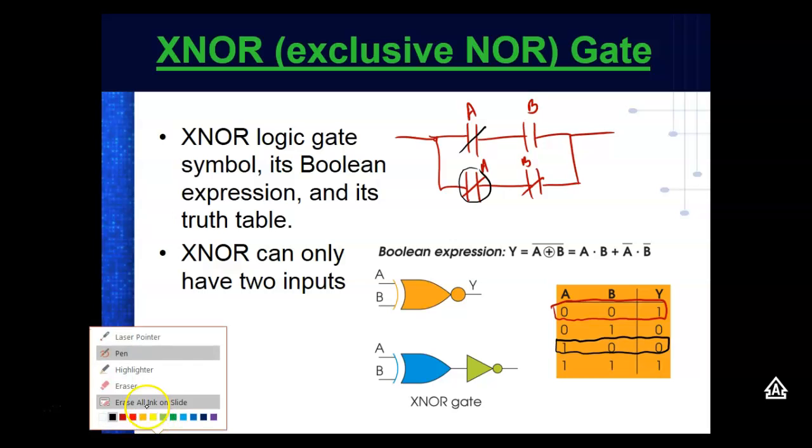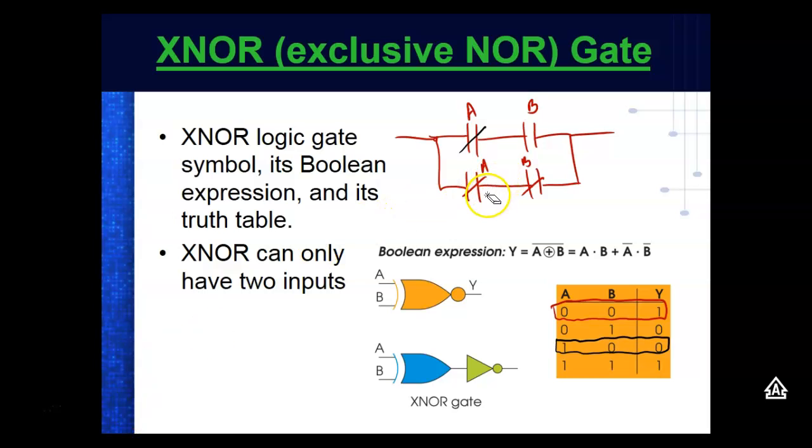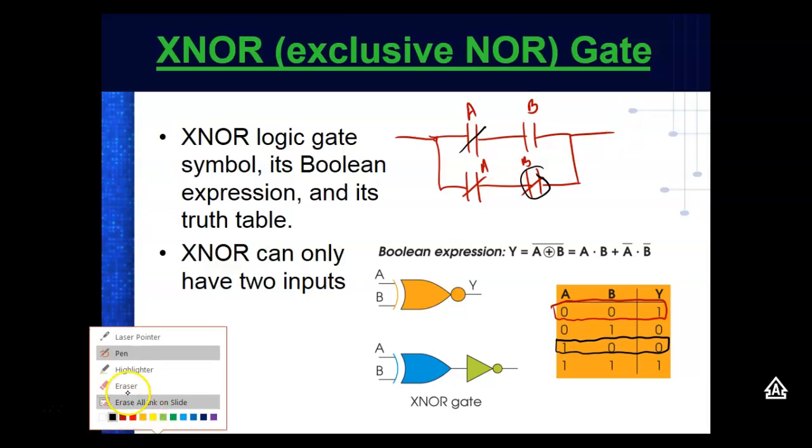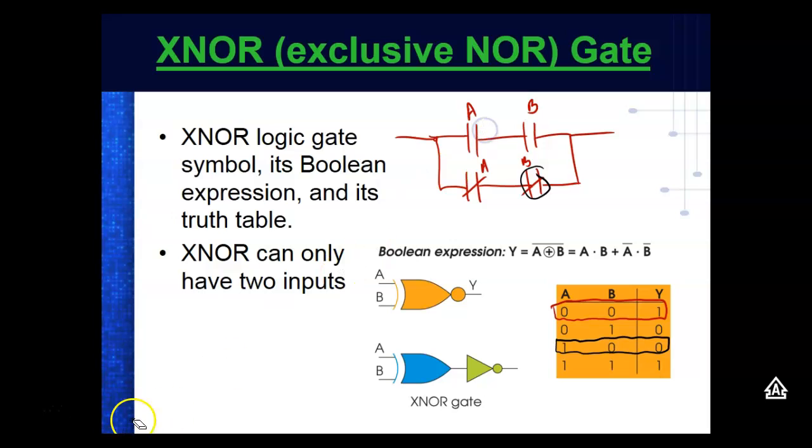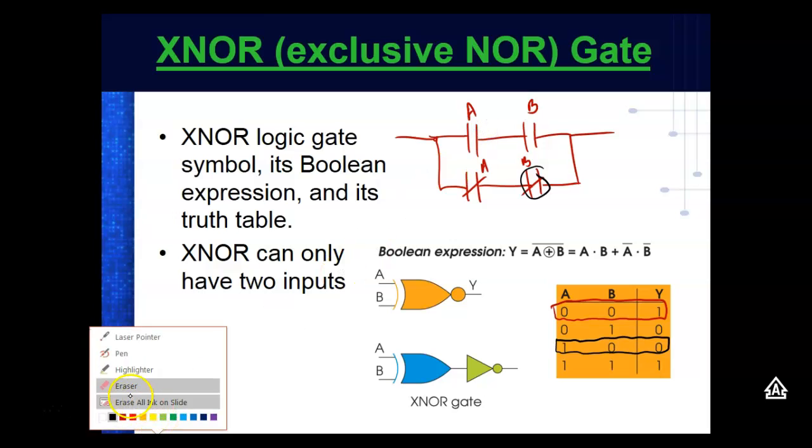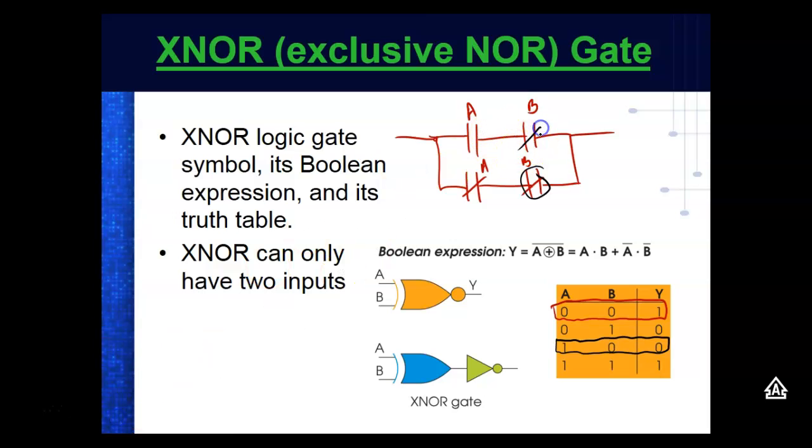Come down here, erase this, and I press B. So if I press B, this contact will open. Oops, sorry, I forgot to erase this. This contact would open, this contact would close. So we don't have a path through here again. So that would be that guy right there.